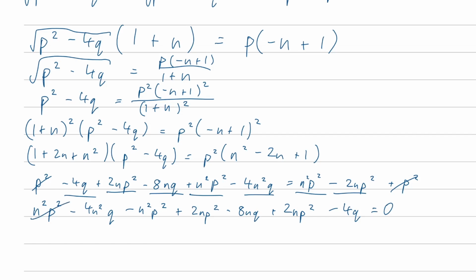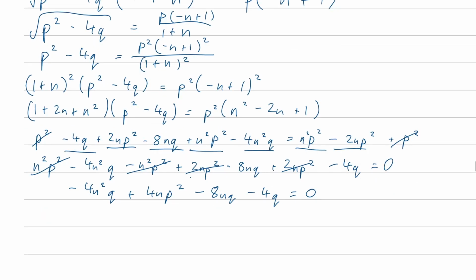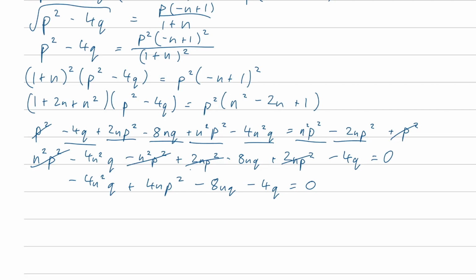n squared p squared minus n squared p squared cancels. Does anything else cancel? 2np squared plus 2np squared is 4np squared. I see a factor of 4 in all of those, so we'll divide by 4.